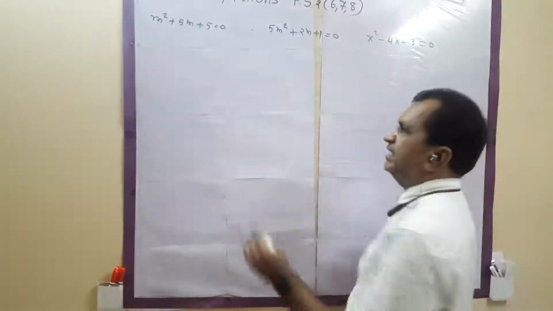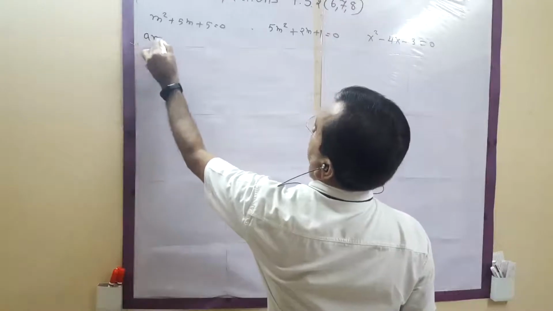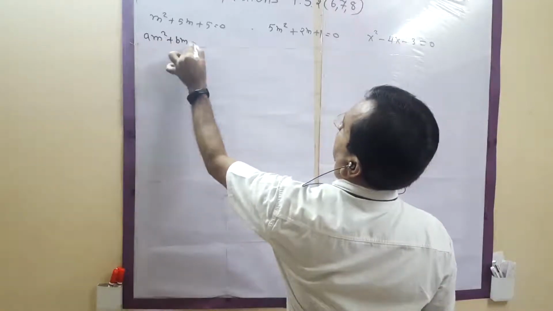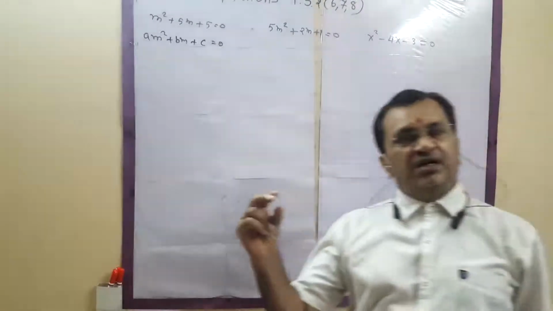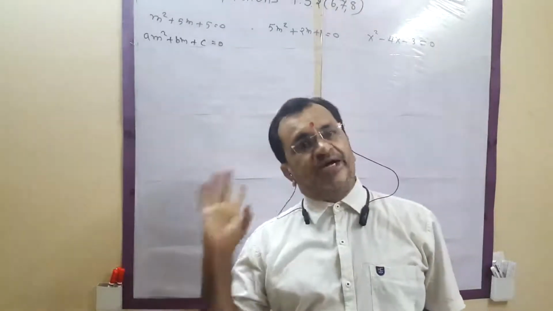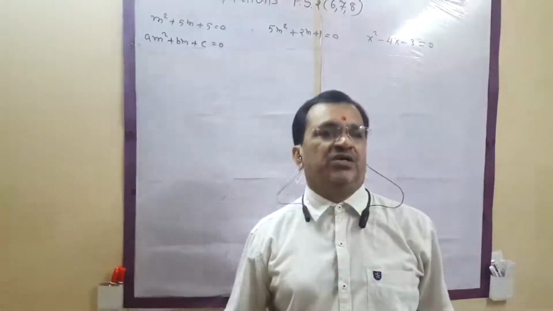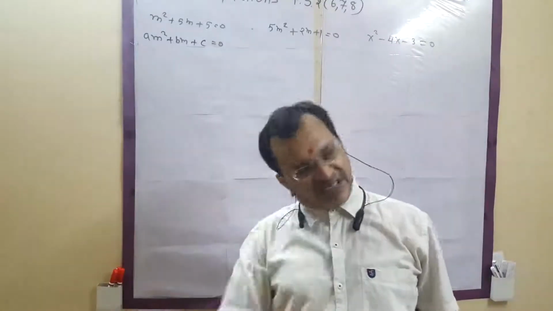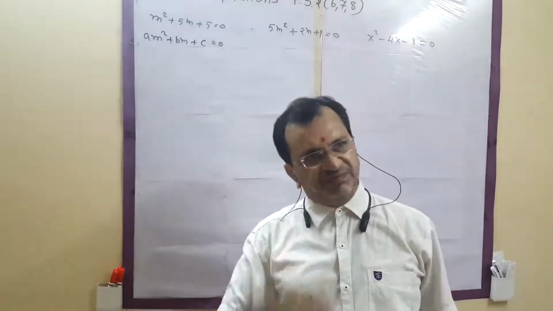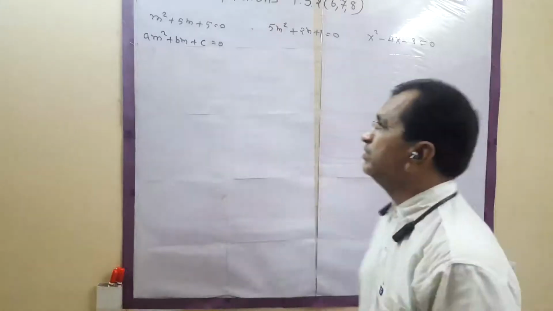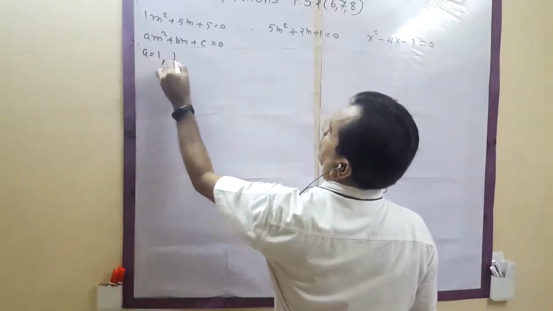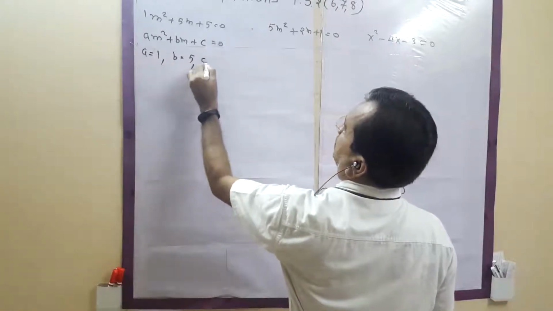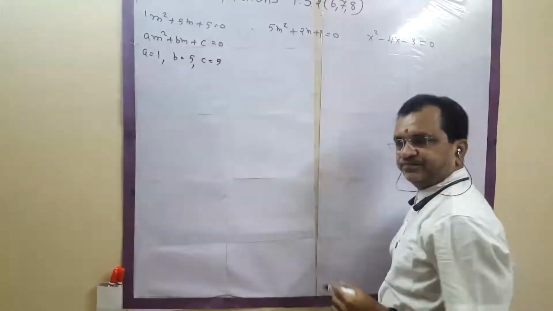So again we will try with the formula. So am square plus bm plus c. The variable of the equation you have to identify. It is not x, it is m. So instead of ax square plus bx plus c, you will write am square plus bm plus c is equal to 0. So what is a? What is b? What is c?